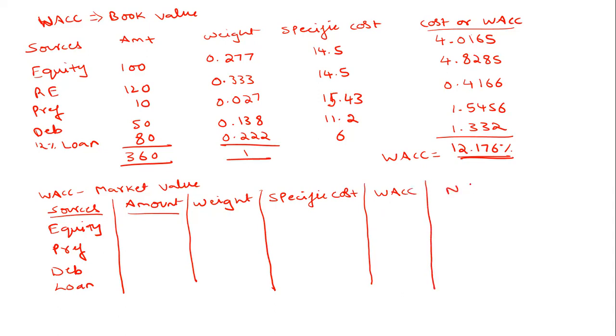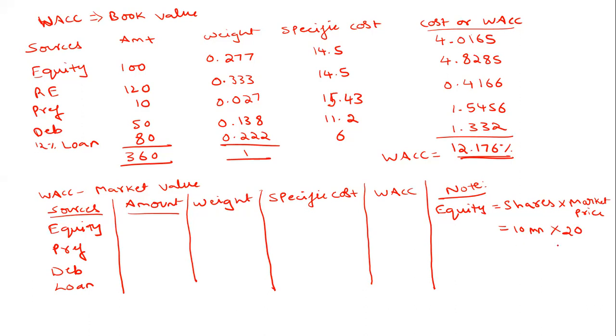I'll write a working note to find the equity amount. How many shares are available? Always remember: 10 million shares into market price. 10 million shares multiplied by 20. 1 million is equal to 10 lakh, so 10 million is 100 lakh.